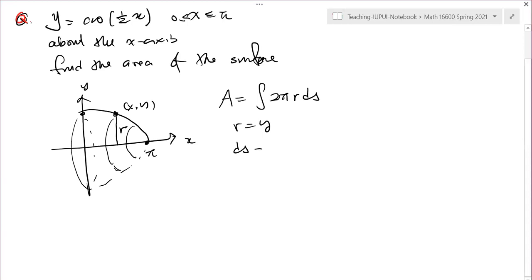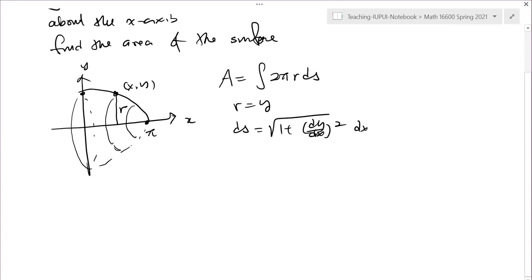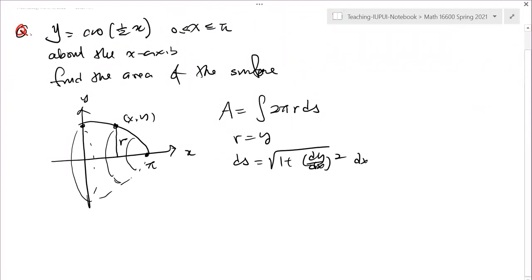Okay, ds, now it depends. If you want to get the integral with respect to x, that is square root of 1 plus dy over dx squared dx. So if you do that, then you have to set y to be cosine half of x.